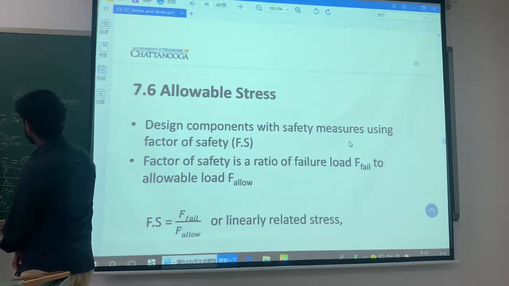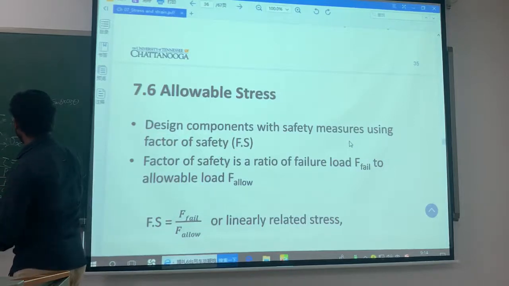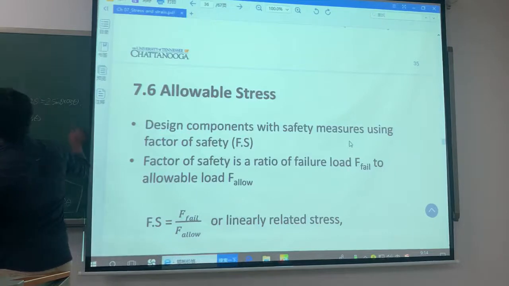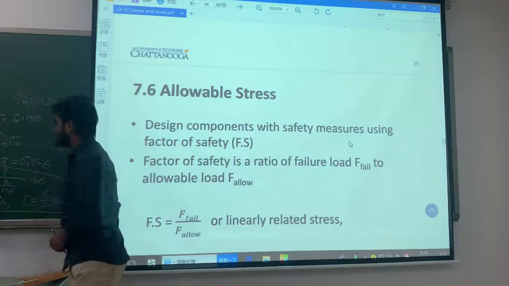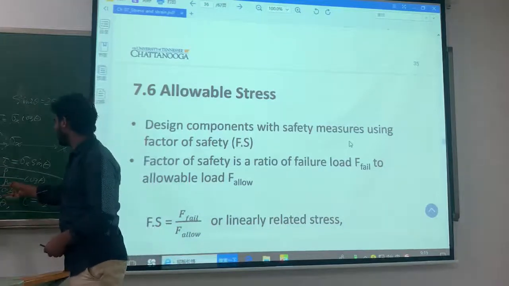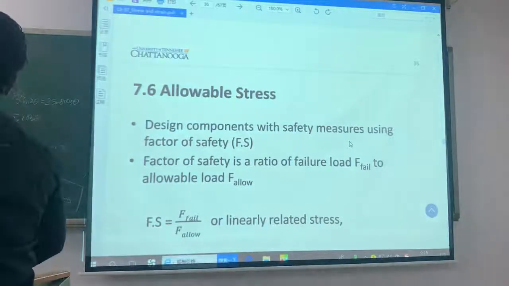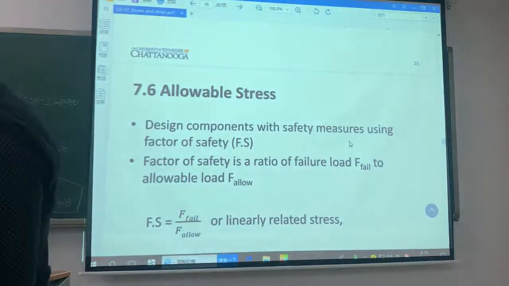So A equals A0 divided by cos. I didn't understand, it's complicated. You just remember it. Not easy. Let's keep note.